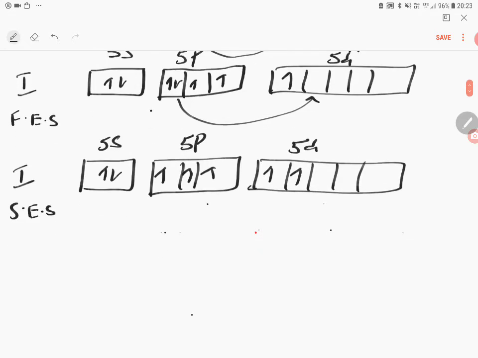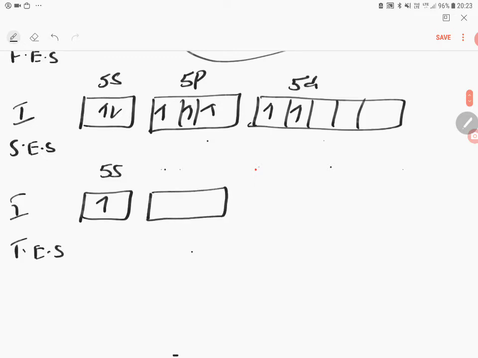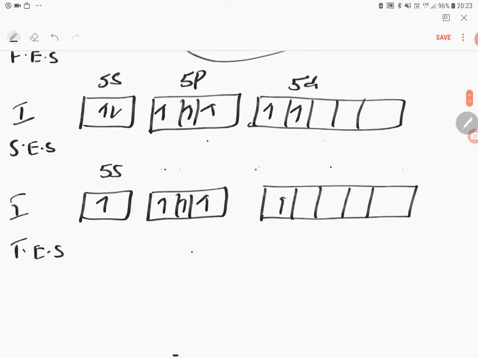Last is what? Third excited state. Third excited state. S will go to D.